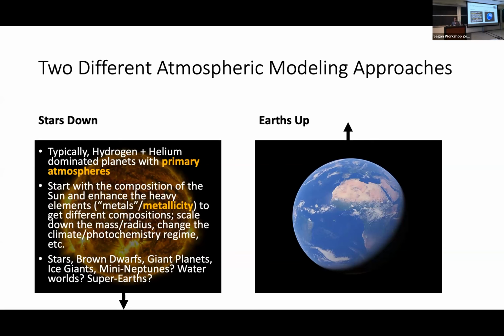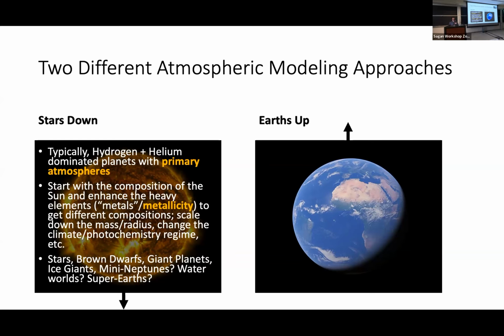We might change the type of star or the distance from the star so that we are getting different impacts on the atmosphere and the climate. And these models have worked really well for understanding stellar atmospheres, brown dwarf atmospheres, giant planets, ice giants, and into the mini Neptune, super Earth, water world regime.